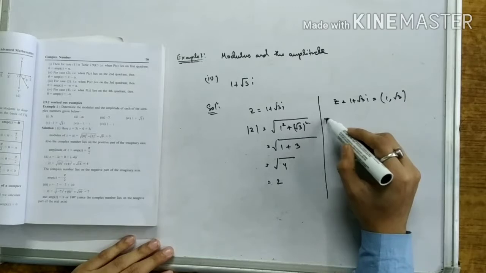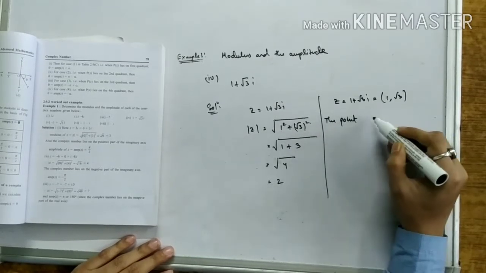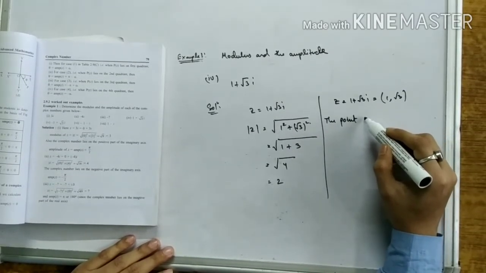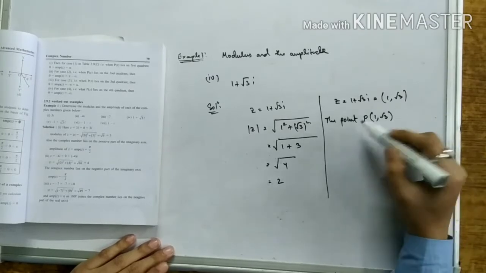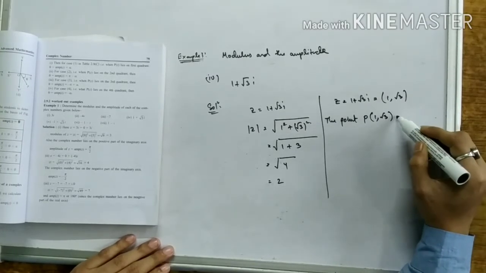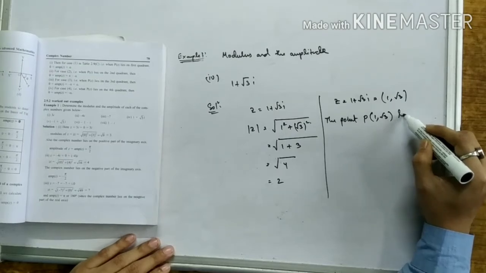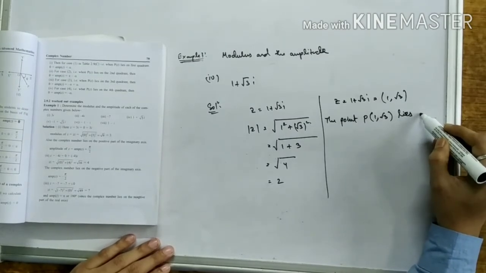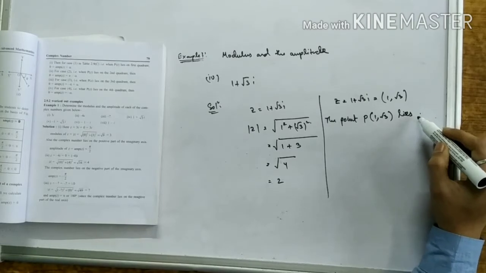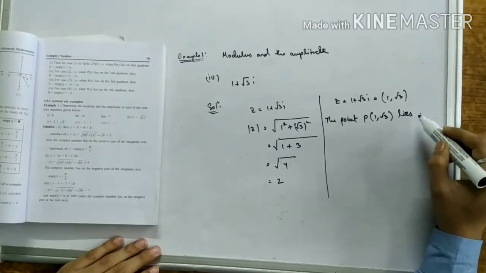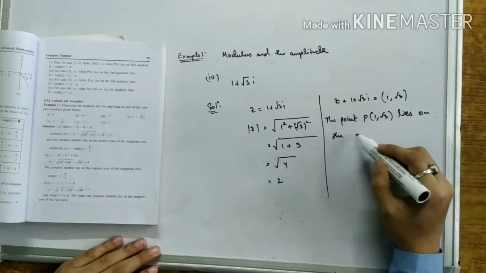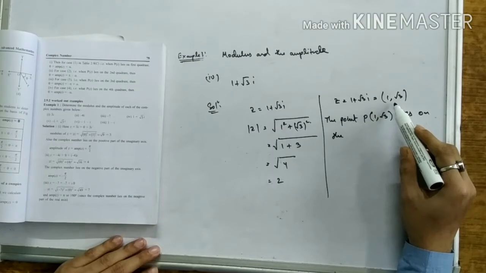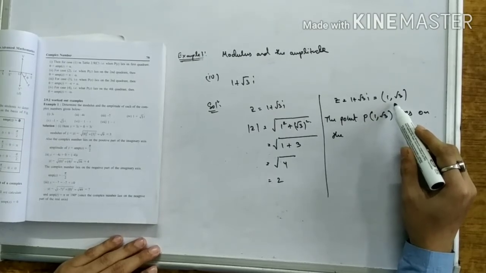And now, z is equal to 1 plus root 3i, which I can write as 1 comma root 3. Now the point P, 1 comma root 3, or you can say the point PZ, lies in the first quadrant.